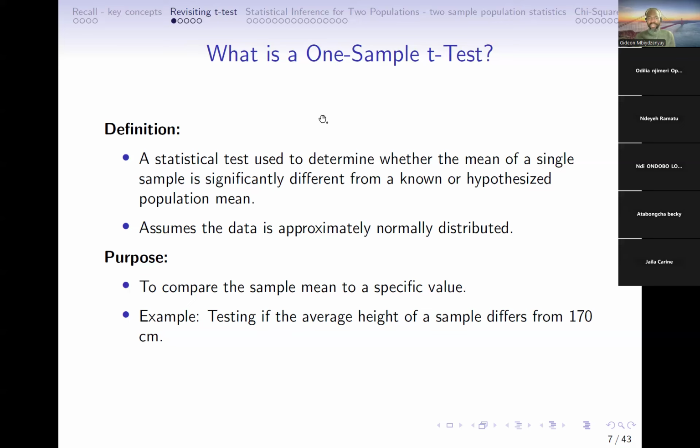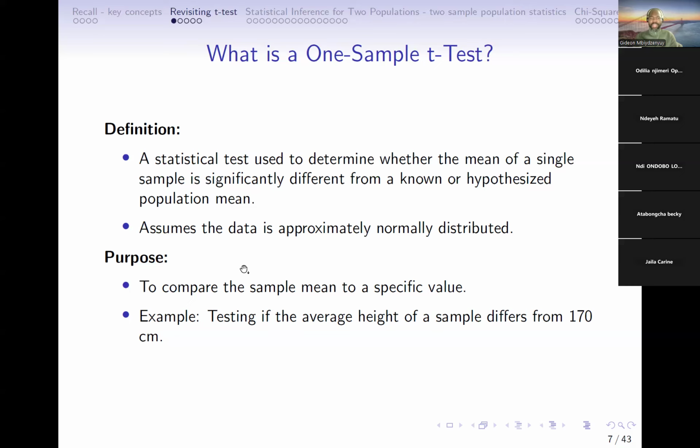Why do you do this? You still want to be able to understand whether the sample mean differs from some specific value. What is the specific value in this case? For instance, you can be testing if the average height of a sample differs from 170 centimeters. So the specific value that you set in that case of a sample that measures height is 170.